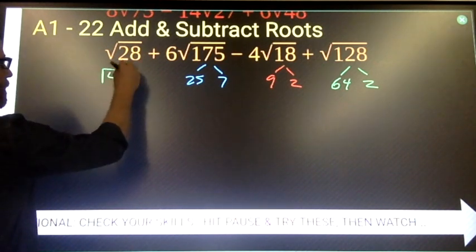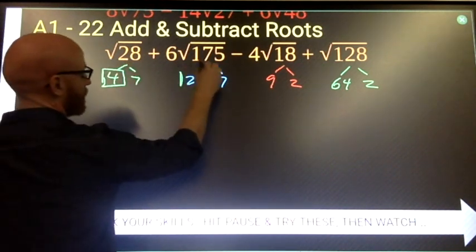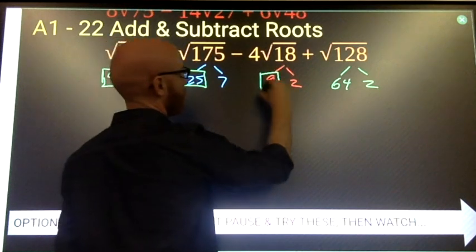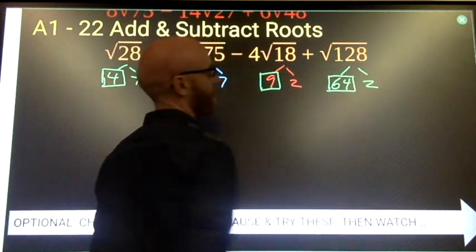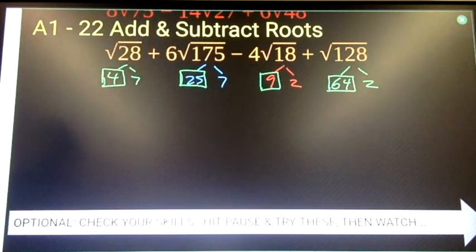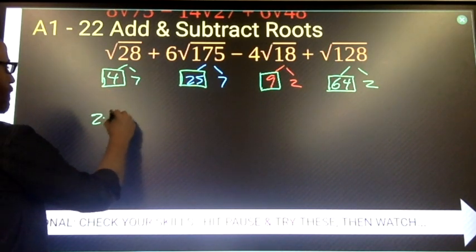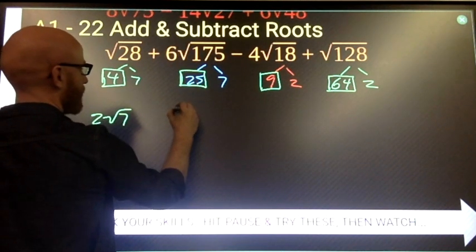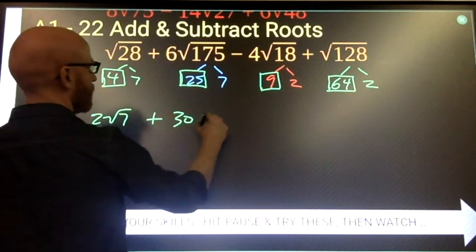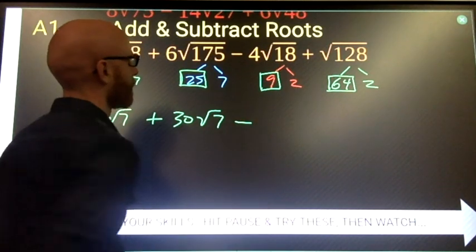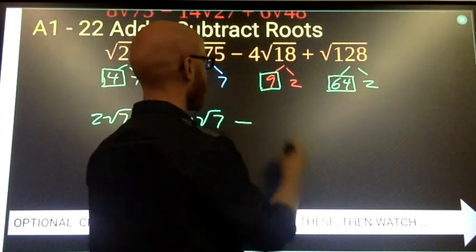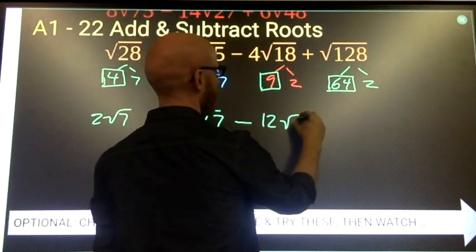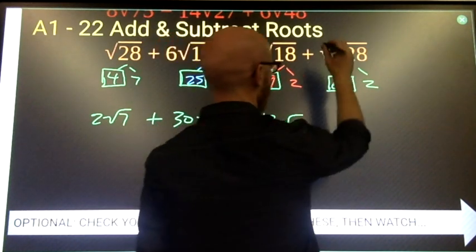Again, remember I'm looking for perfect squares because those are the factors that I can take a square root of. So we got 2 root 7. 6 times 5 is 30 root 7. 4 times 3 is 12 root 2.